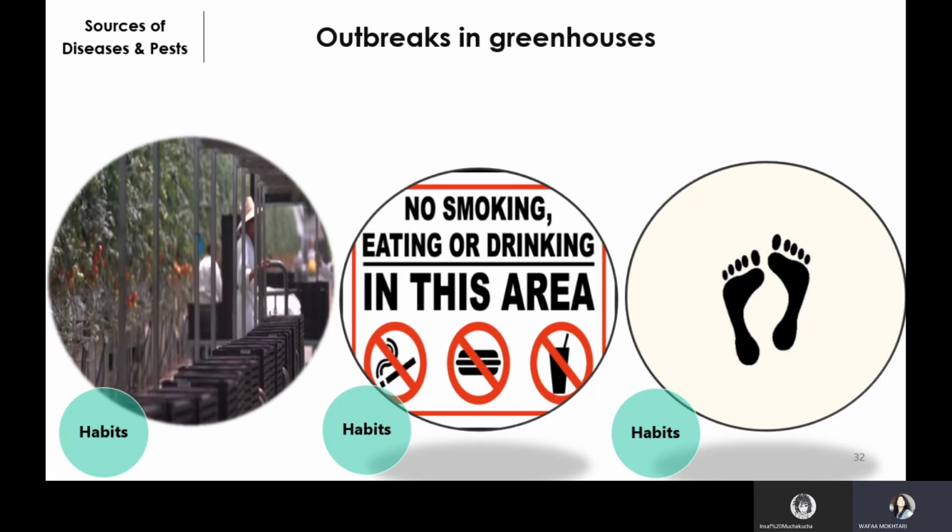So there are things to do to clean and sanitize the equipment, or even use boots, for example, or clean your feet before getting inside. This is the kind of habit you may need to get rid of these disease or pest sources.